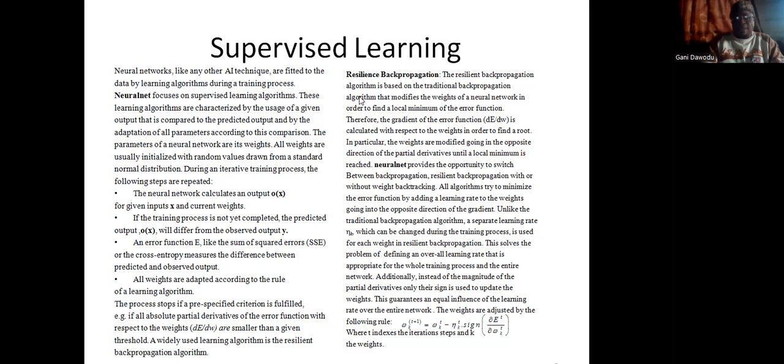How is that different from the ordinary backpropagation? It's in the weight. Those who know will see that the weight generation here is a little bit different from the weight generation for ordinary backpropagation. Actually, this part of it is the same, but this extension is a little bit different. That's the resilience part of it.